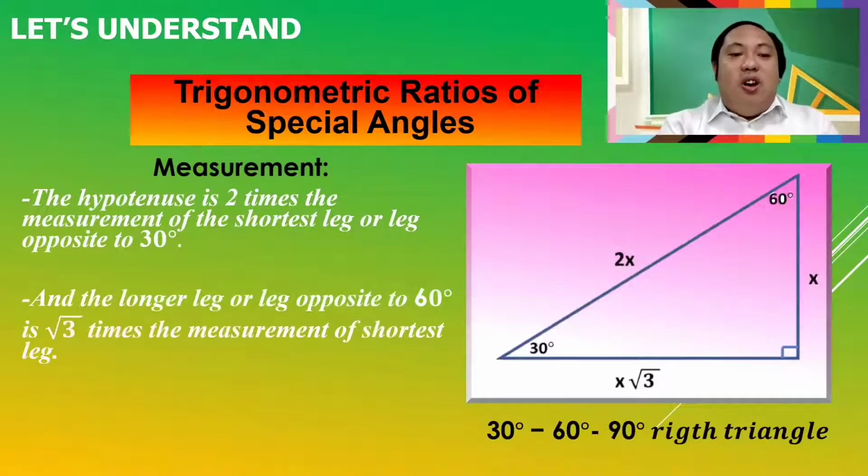Next, the longer leg, or the leg opposite to 60 degrees, is square root of 3 times the measurement of the shortest leg. So if we have the shortest leg as x, therefore the longer leg in a 30-60-90 right triangle is x square root of 3.